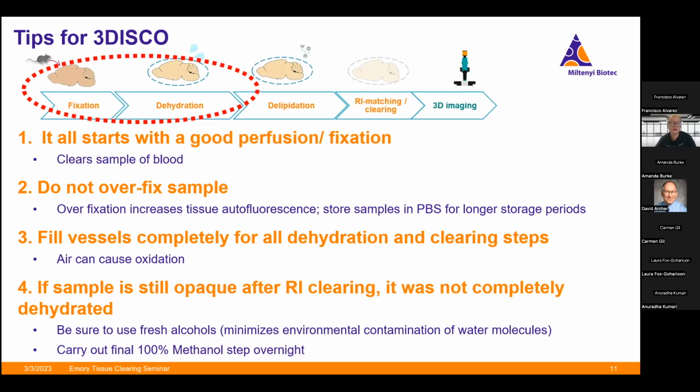Blood is highly autofluorescent, and you get really nice fixation from a perfusion that you can't always get with drop fixation. But don't overfix your samples. Overfixation increases tissue autofluorescence. If you're not moving into clearing right away, please don't store your samples in PFA or formalin for a prolonged amount of time. Put them in PBS with maybe some azide.